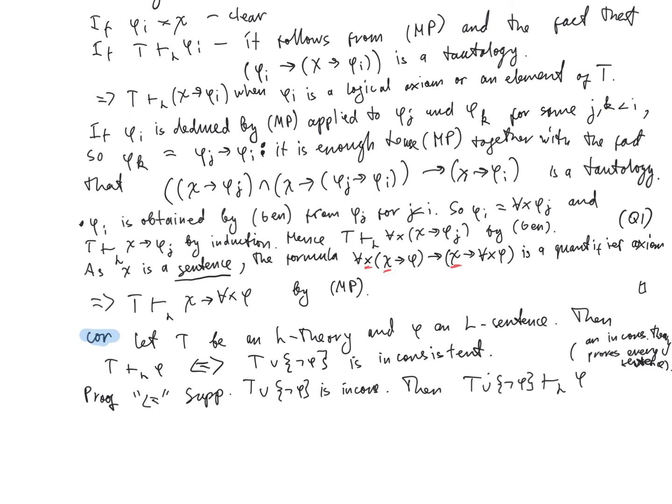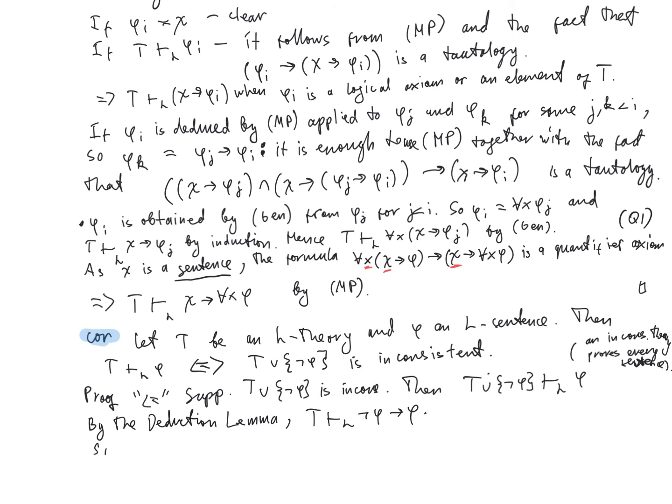Now from the deduction lemma we get that T proves the formula negation of φ implies φ.